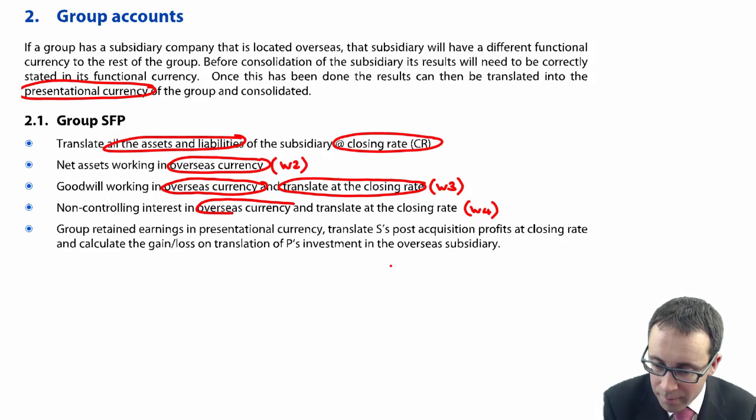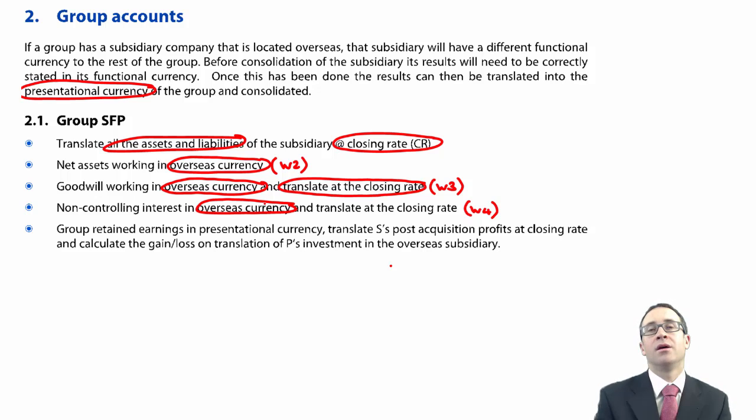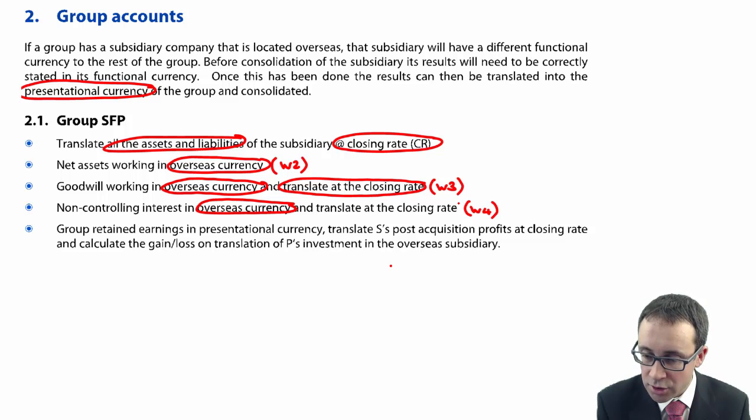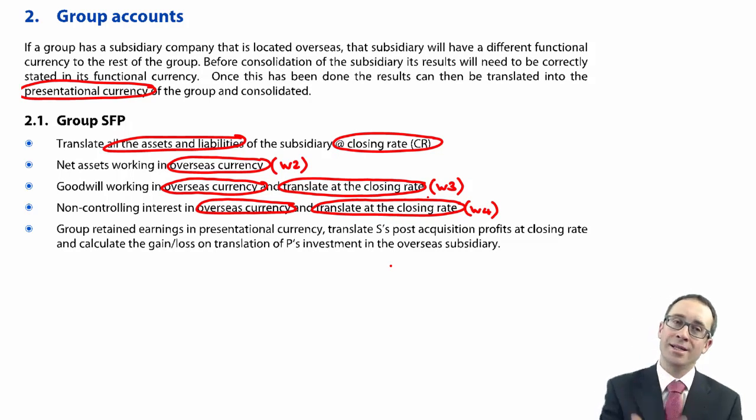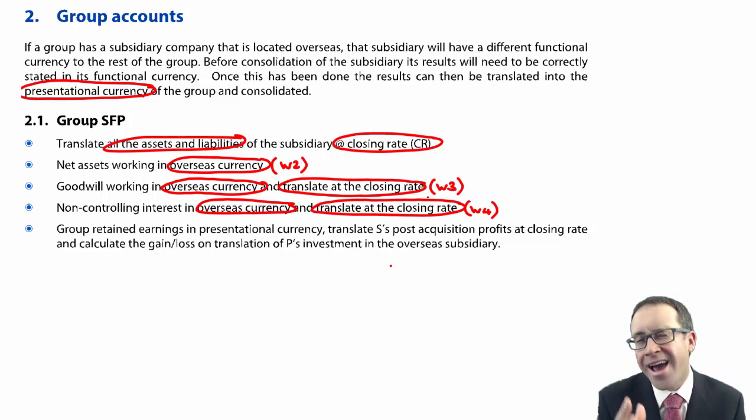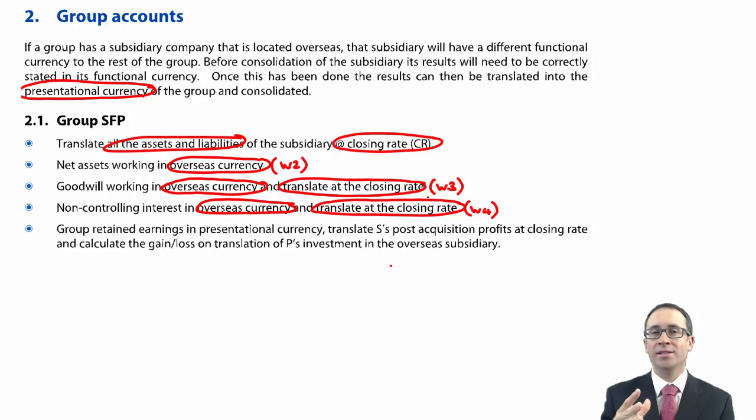Again, you work it in the overseas currency, but once you've worked it in the overseas currency, you need to consolidate it. So in order to consolidate it in the presentation currency of the group, you need to translate it at the closing rate. So anything to do with the subsidiary on the SFP, you calculate it in the overseas currency and then you translate it at the closing rate.